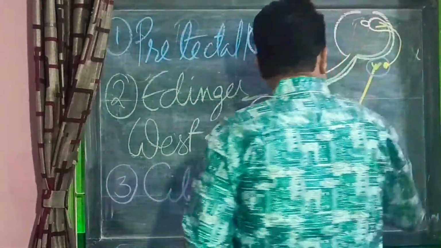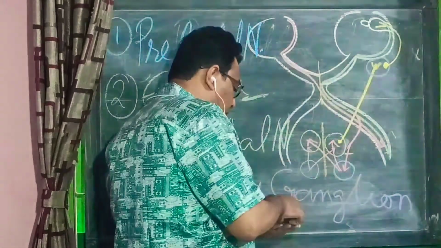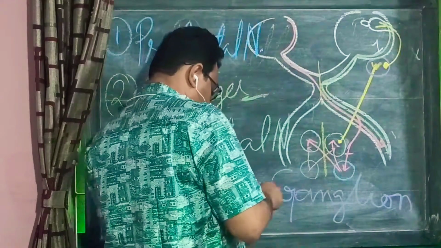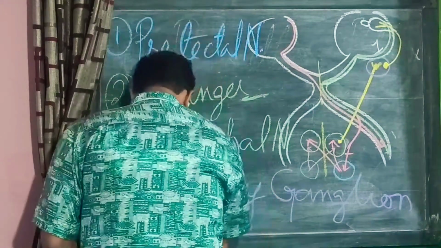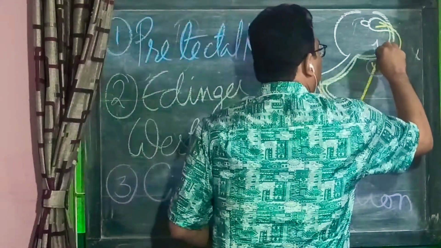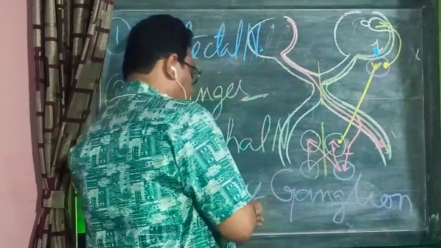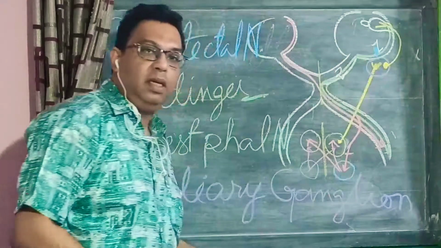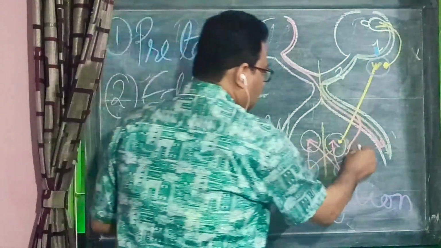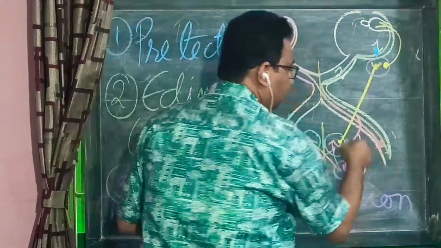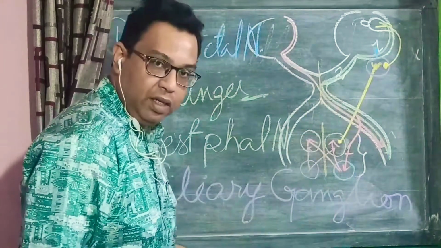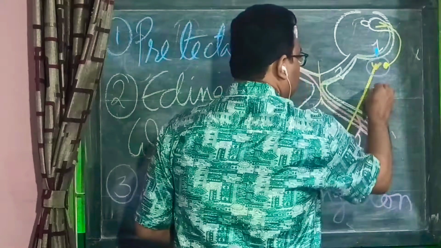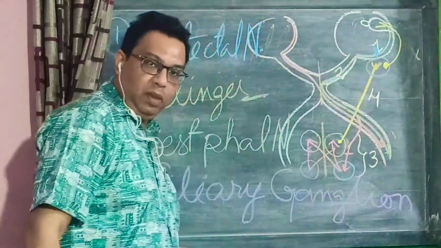So anyway, here in this case, what are the components? The first component is the photoreceptor. Let us draw a photoreceptor here. The second component is the axon of the ganglion cell. These are the nuclei, the center for integration of the reflex, and this is the afferent path.